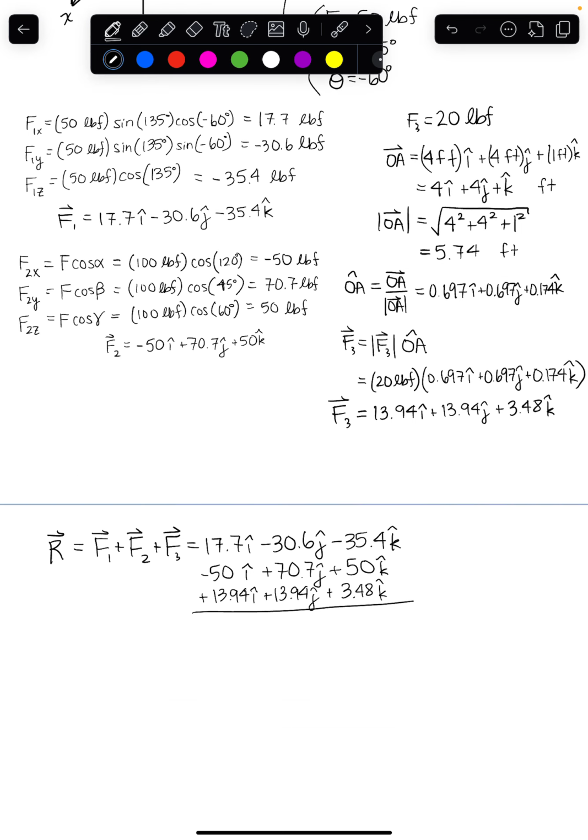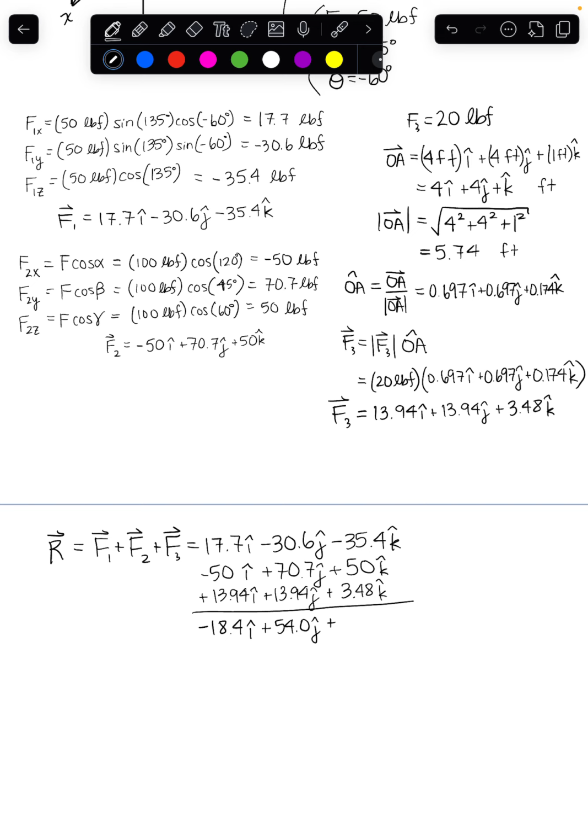Okay, I'm adding all of these together. So I can just add all the i components, add all the j components, and add all the k components. So I'm just going to go vertically and add each column. 17.7 minus 50 plus 13.94 gives me negative 18.4 i hat, and then negative 30.6 plus 70.7 plus 13.94 gives me 54.0 j hat.